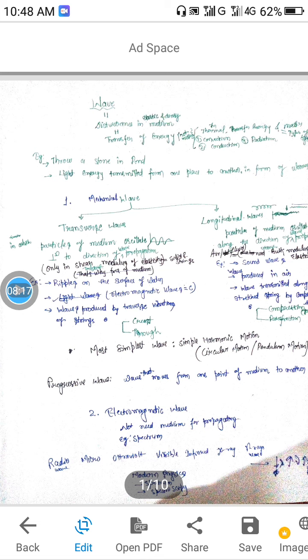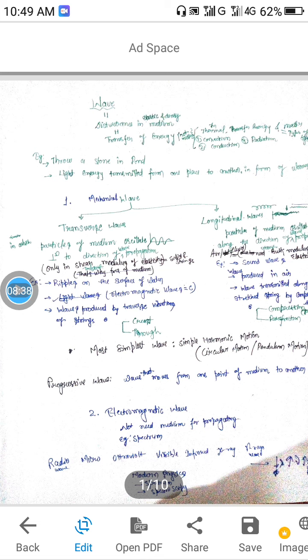Let's see about the electromagnetic wave. They do not need a medium to travel from one place to another, just like light waves. It is very useful.